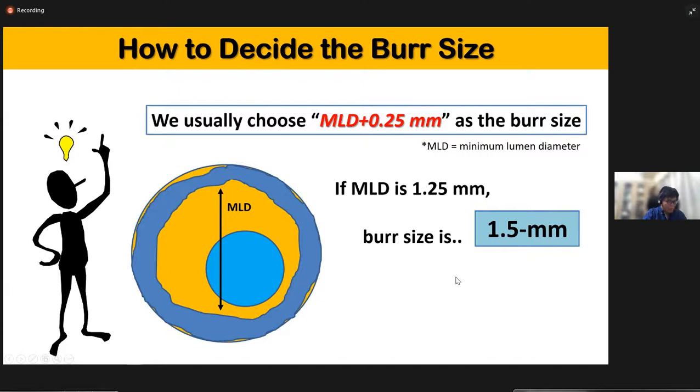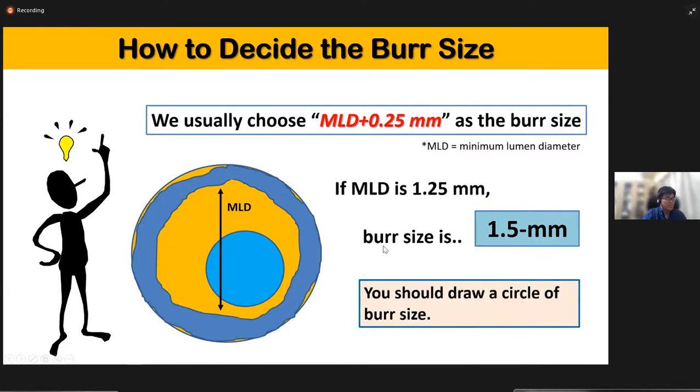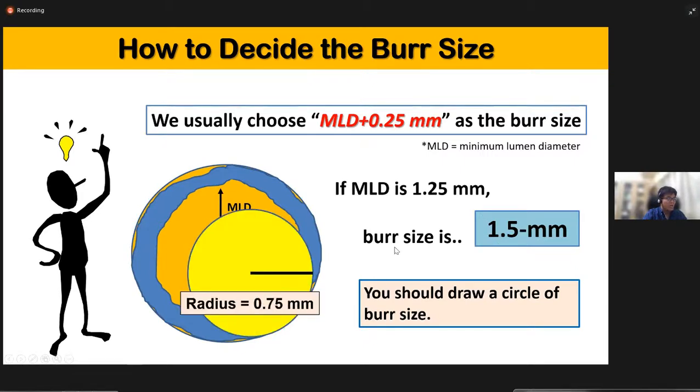Of course, we should consider several factors. For example, we should draw a circle of burr size. If we use a 1.5 millimeter burr, we draw a circle of radius 0.75.